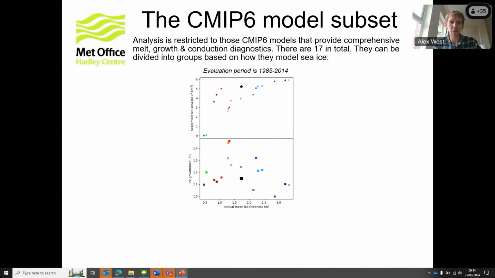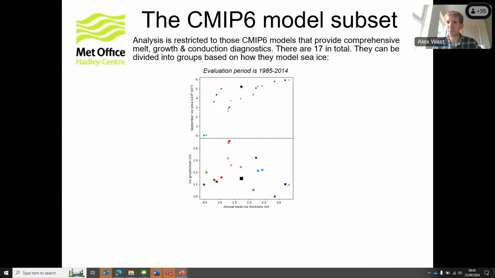So you would naively expect to see a negative correlation here, which at first sight is lacking. This is mainly due to these clusters of models down here, which I'll talk more about in a bit. They have quite low annual mean ice thickness and quite a low amplitude of the ice thickness seasonal cycle.